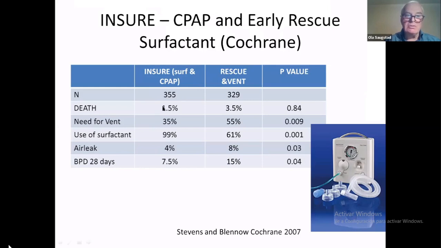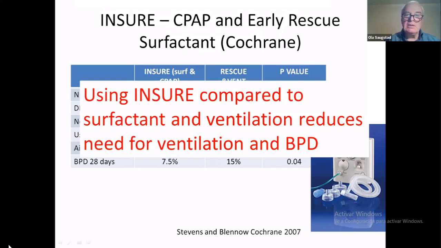It doesn't reduce deaths in this study, but it reduces need for ventilation and use of surfactant, and also reduces air leak. So based on this, we concluded that using INSURE compared to surfactant and ventilation reduces need for ventilation and bronchopulmonary dysplasia.